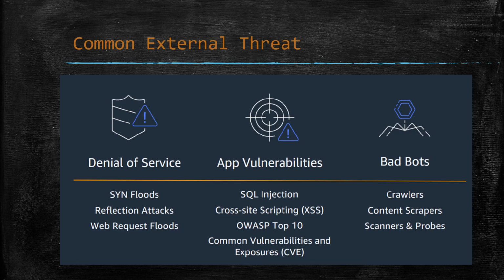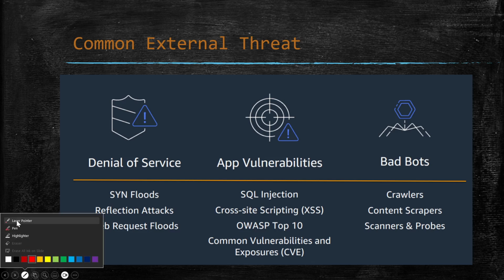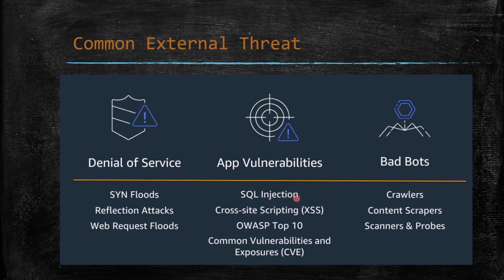Take app vulnerabilities: nowadays your application may be running on PHP or any other core language. If any vulnerability is found in your application and it is not patched, the attacker gets the loophole to get in. So they use SQL injection, they use cross-site scripting, and they use all sorts of the top OWASP risks to get into applications.